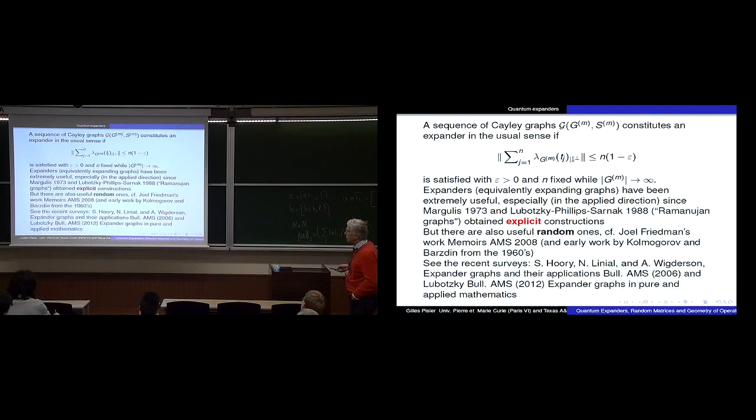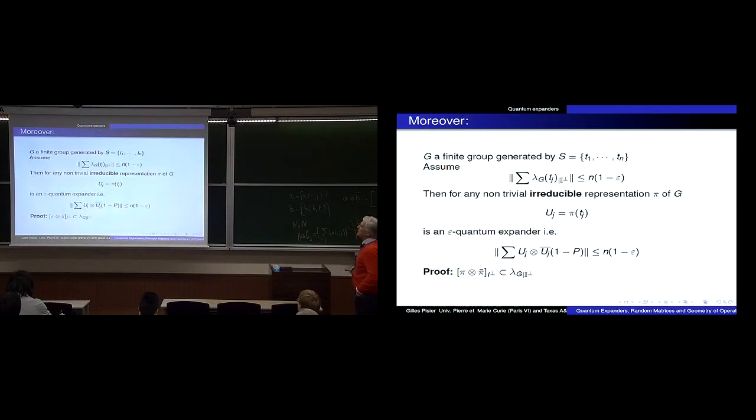So in case you're interested, I wrote here two very important, very nice surveys on the subject. And I said the history is complicated because some time ago, some people noticed that very early papers of Kolmogorov from the 60s actually had the idea of expanders in there. And it's Kolmogorov and Bardzin. It was a big surprise, but this came up recently.